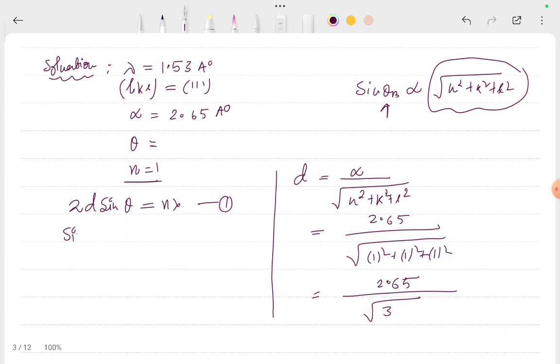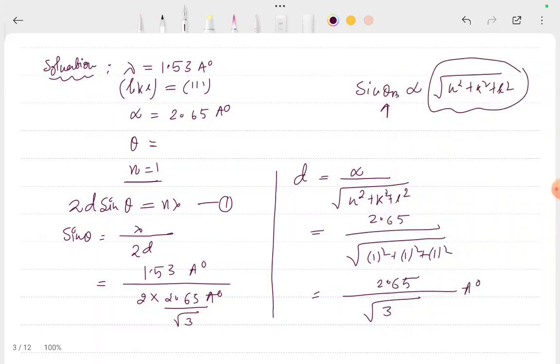Now sin theta equals lambda upon 2d. The value of lambda is 1.53 Armstrong, and 2d equals 2 into 2.65 Armstrong upon root 3.